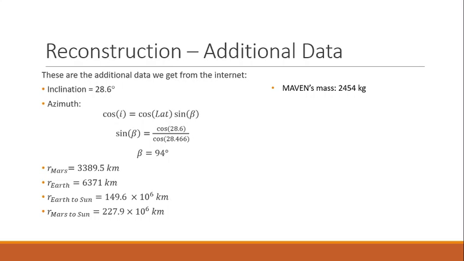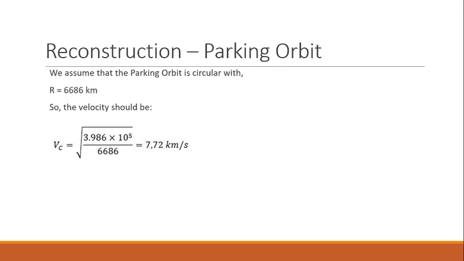We also found the mission's satellite mass. It's actually 2,454 kilograms. And for the orbit, we assume that the planet's orbit is circular also, and the parking orbit is circular.